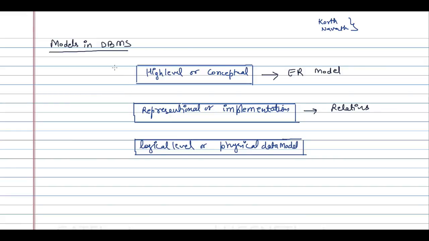Now I'm not going to discuss about all these three models right now in complete detail. I'm just giving you the terminologies here, just a slight introduction, because as we go on with the subject, we are going to discuss about these terminologies in complete depth. In the end, again, I'm going to give you a complete brief about what we studied in the entire subject, because we are going to start with the ER model, then we'll slowly make a transition to the relations and relational model, relational algebra, and then toward the physical model.